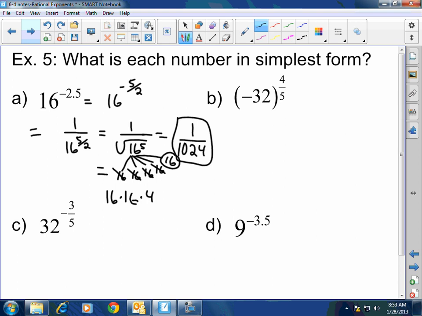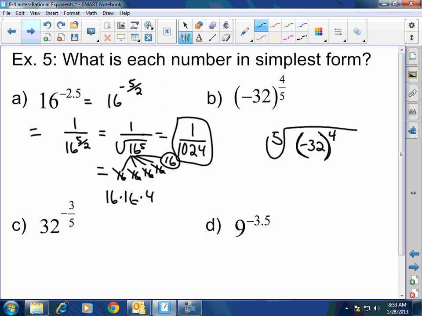And let's call it the 5th root of, remember this is negative 32 to the 4th power. Okay, it's negative 32 to the 4th power. Just remember that. This is in parentheses, so this can happen. And also remember it's an odd root, so this can happen.